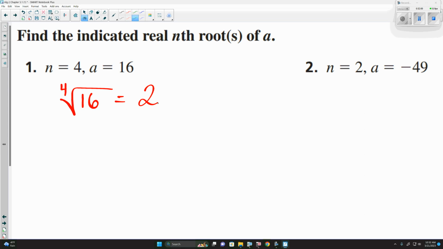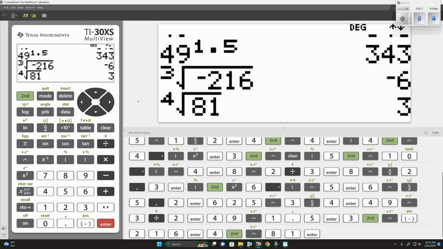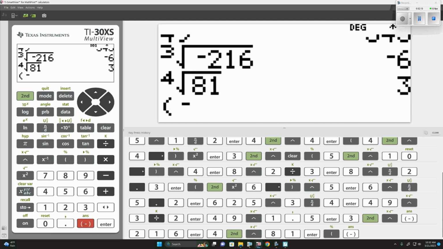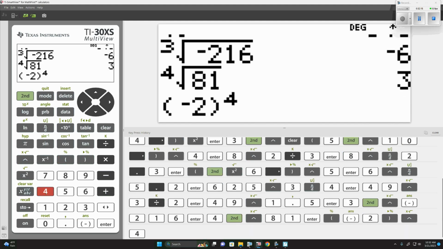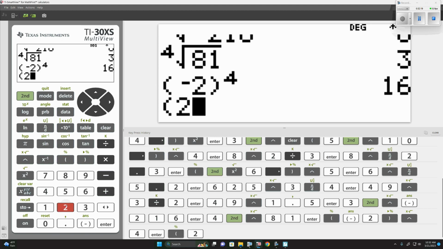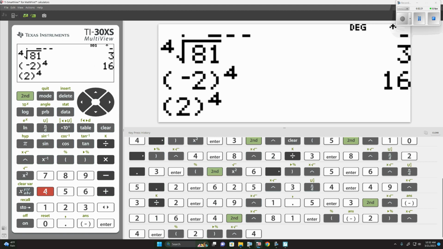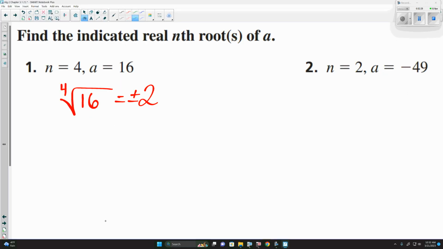So we have an even root, plus or minus 2. And we could check this here because we could say negative 2 to the fourth power is positive 16. And 2 to the fourth power is also positive 16.